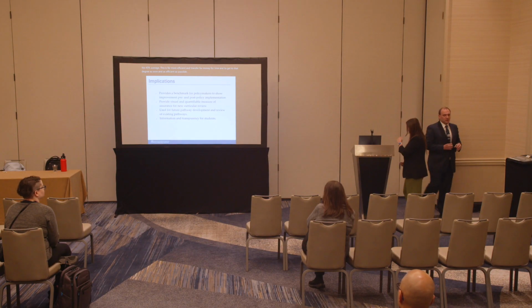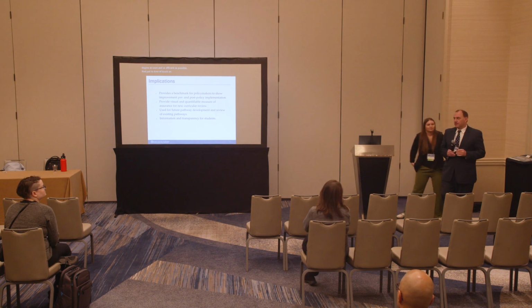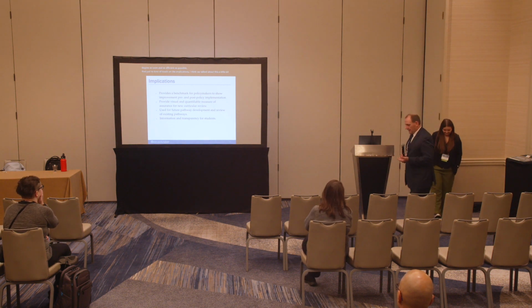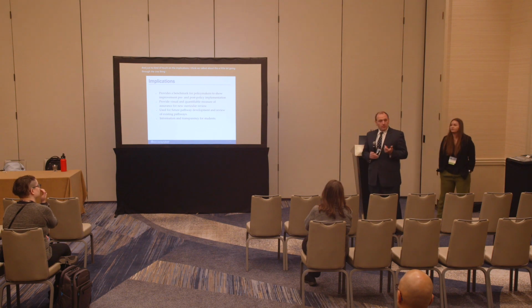And just to kind of touch on the implications, I think we talked about this a little bit going through. The one thing I forgot to mention, this is not what we did as far as the numerical side of it, was not something new. Prior to this life, I worked in pharmacology and toxicology, so I did some genetics work there, and so I was familiar from my undergrad with the concept of looking at an identity matrix.